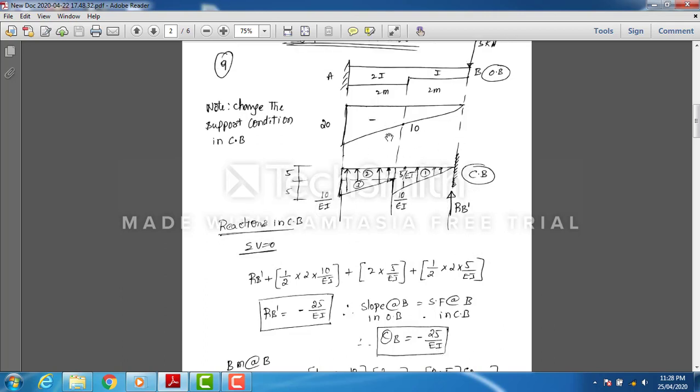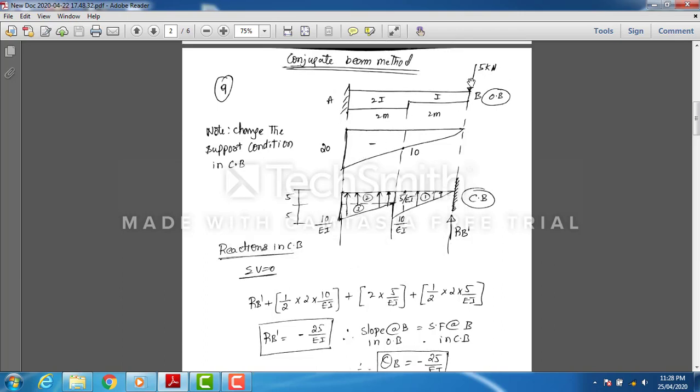I think all of you know how to draw this M by EI diagram. First we draw the bending moment diagram, 5 into 4 equals 20. In the middle point, which you can call C, there is a changing cross section. At that point also you should know the bending moment value. So we have marked 2 bending moment values. At this particular point you just divide by the I value.